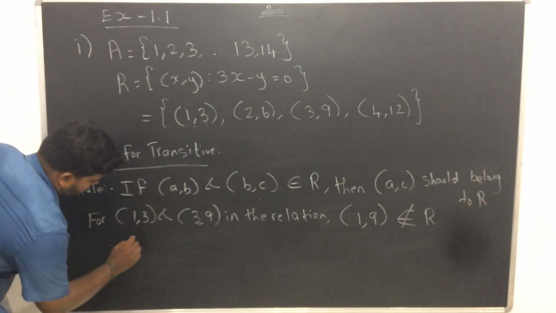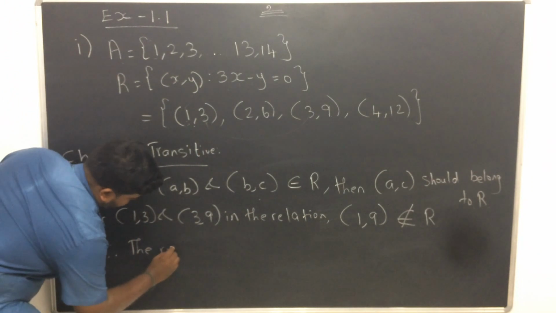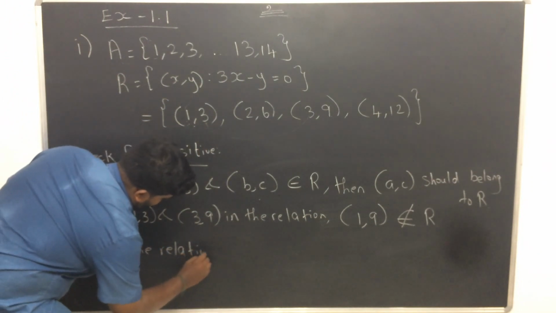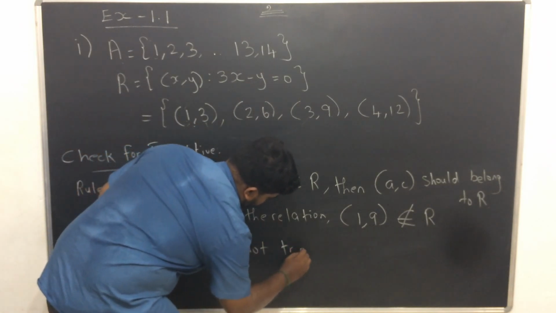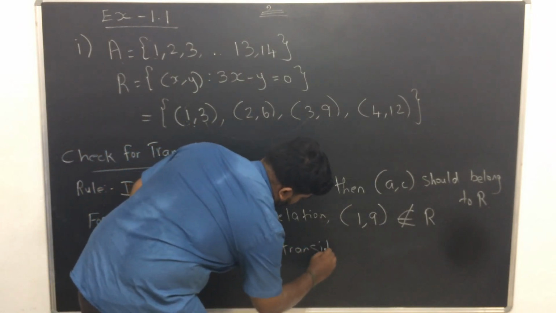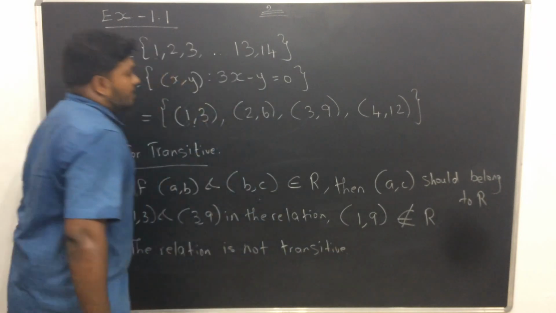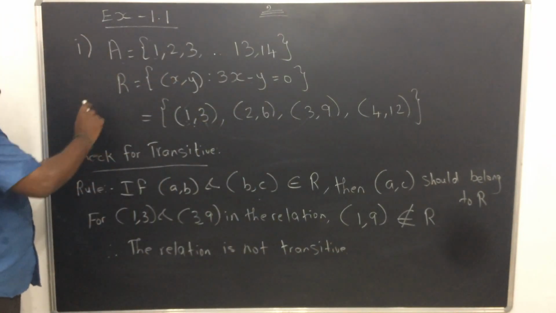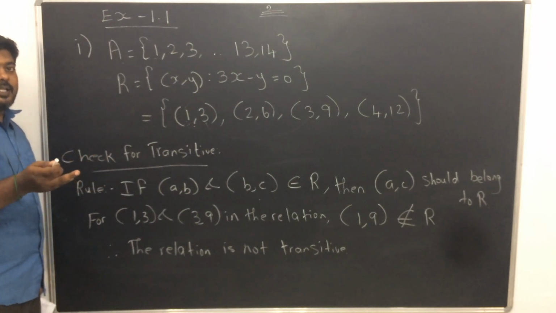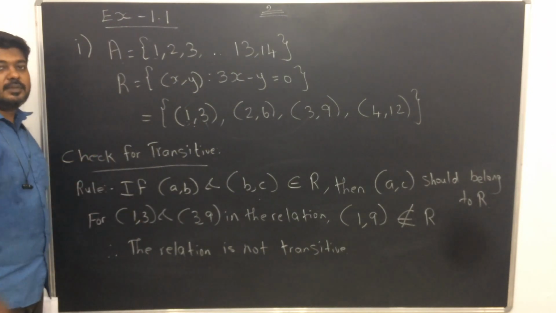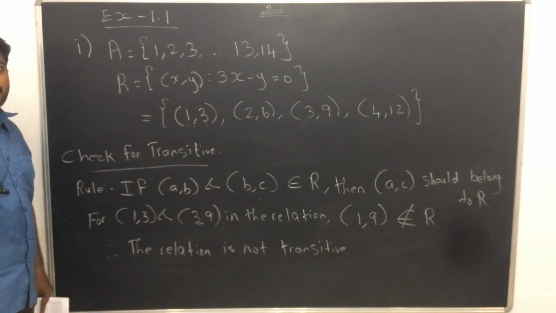Therefore, the relation is not transitive. So this relation is neither reflexive nor symmetric and not transitive. It has failed all three conditions.